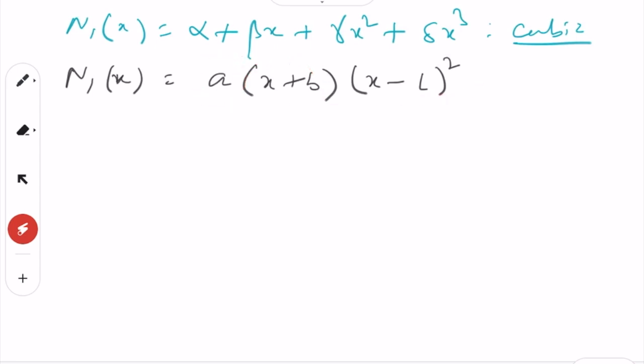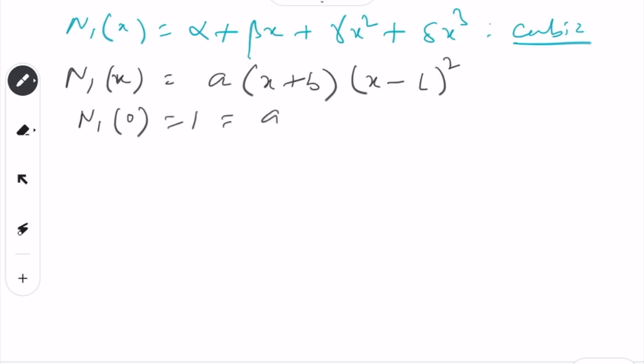Now given that, we can put in the values and see whether it works or not. At x equal to L this will work, and even if we take a derivative of this it will work. Only at x equal to 0 we have to check. So we know N1 at 0 has to be equal to 1.